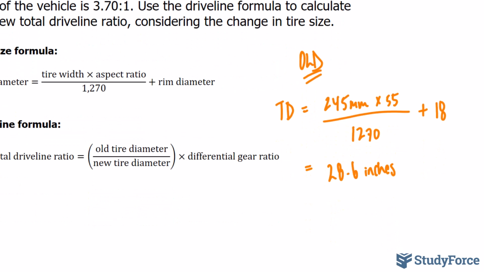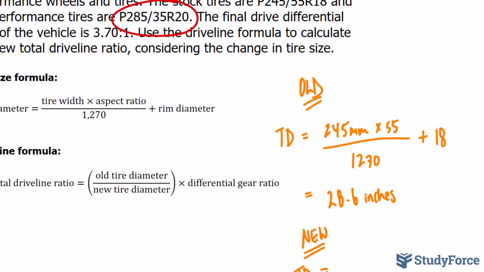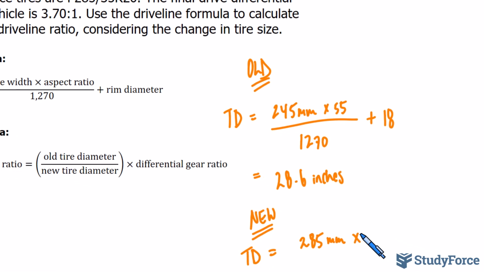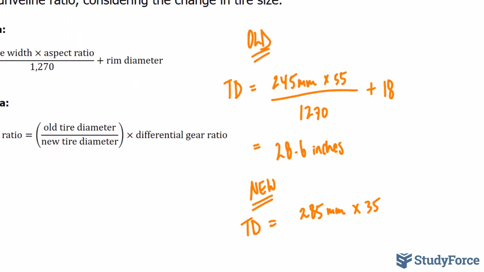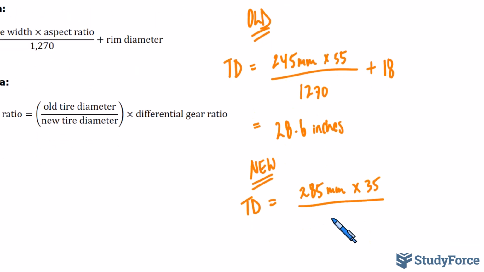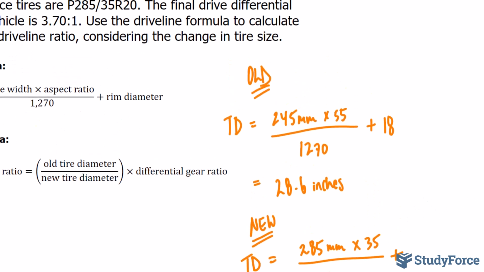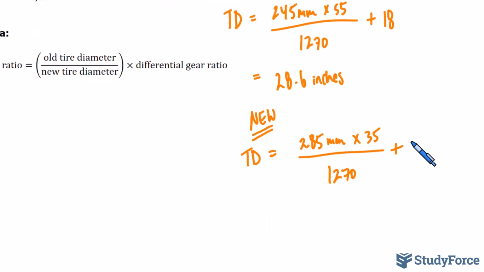Let's go ahead and do this again, but for the new tire. So we have TD is equal to, and the tire size is 285. That's in millimeters. Multiply to 35. That's your aspect ratio. We divide this by 1,270 just as before, and we add to that the rim diameter being 20 inches.